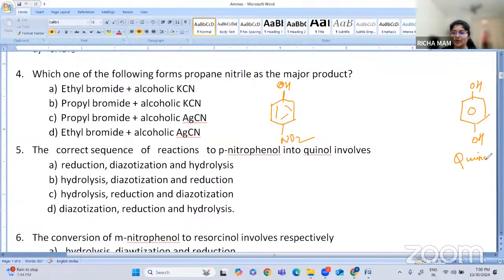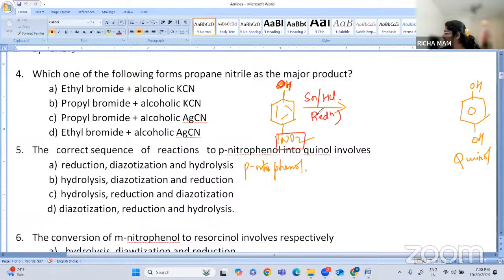So if I want to convert para-nitrophenol to quinol, how am I going to get it? This group will be intact. I have to convert this group now. First step, I'll do reduction with tin and HCl.